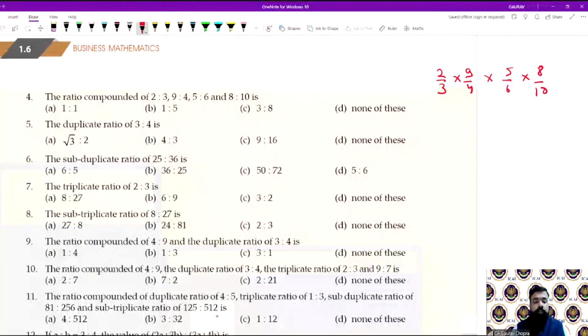Now if some cancellations are possible, we can cancel them. 2 and 5 becomes 10. 3 we can cancel with 9. Then this 3 we can cancel with 6. And 4 into 2 is 8. Everything got cancelled, so we are left with simply 1:1. Option number A. Most of you have given the answer.